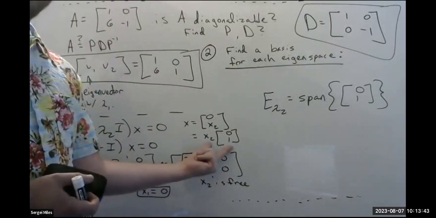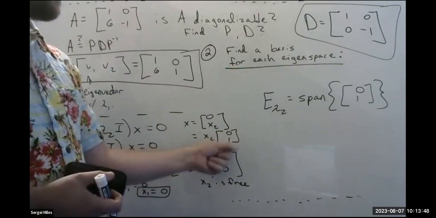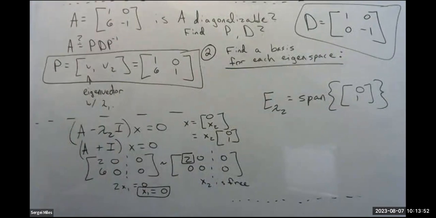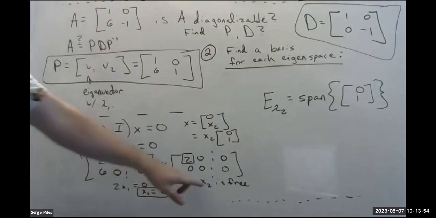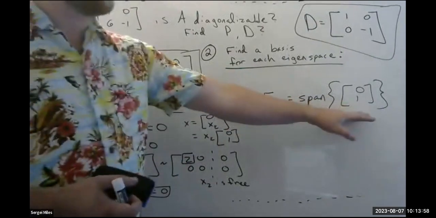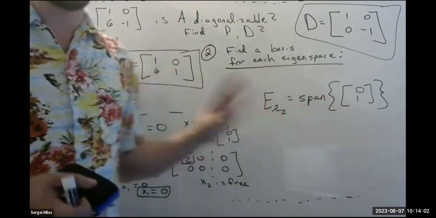When we pull it apart in parametric vector form, the number of free variables is going to tell you the number of vectors you have in your span. So sometimes looking at your number of free variables can tell you right away whether you're going to have enough vectors or not. Okay? So let's check this out.